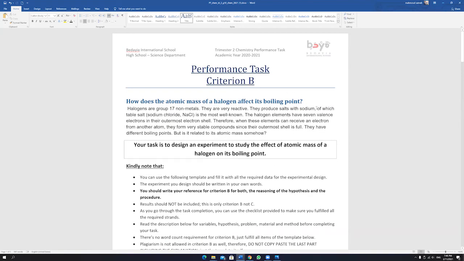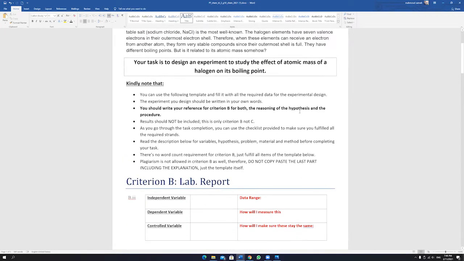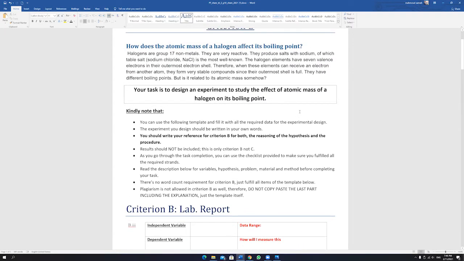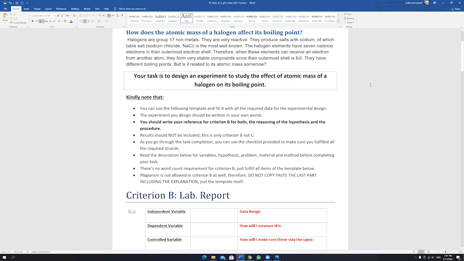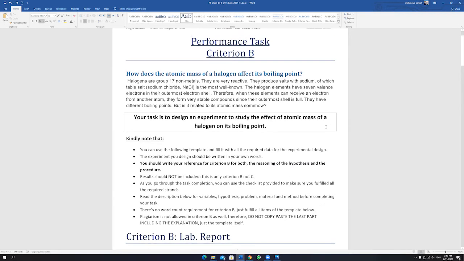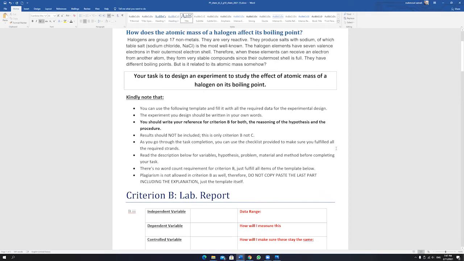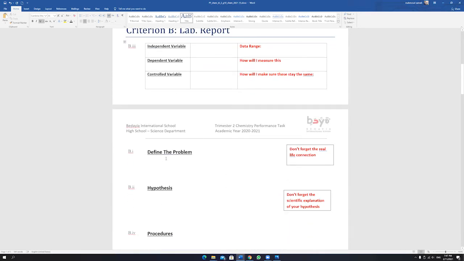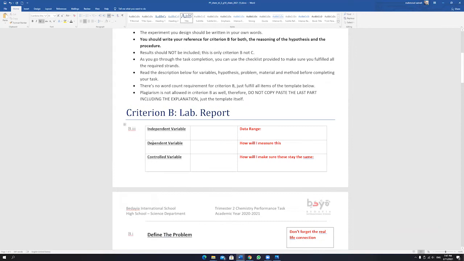If you write this question on Google, the answer will appear. However, you need more details and to understand more what van der Waals forces are. There is some vocabulary and other new material that you need to know to answer this question, which you will need in your hypothesis and defining the problem.